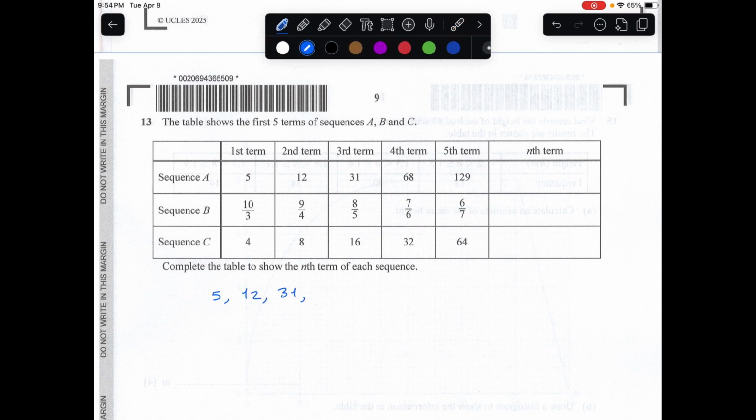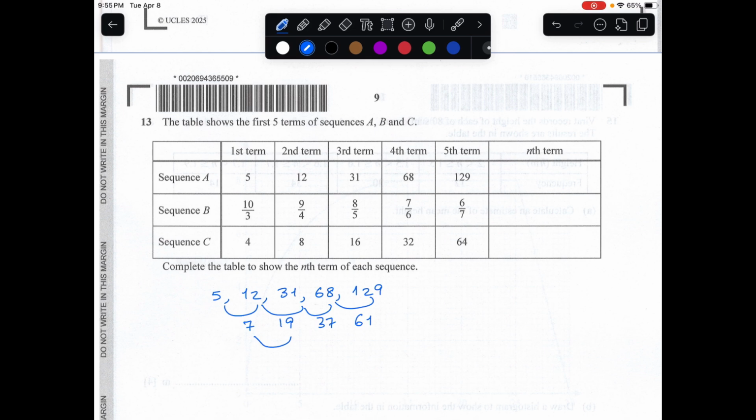So clearly 5, 12, 31, 68, 129. That is 7. That is 19. 68 minus 31 gives me 37. 129 minus 68 gives me 61.